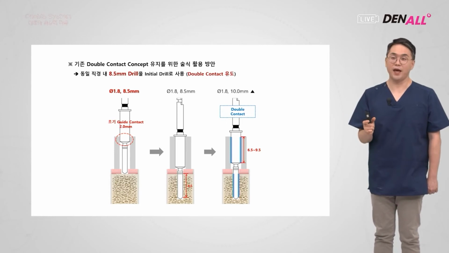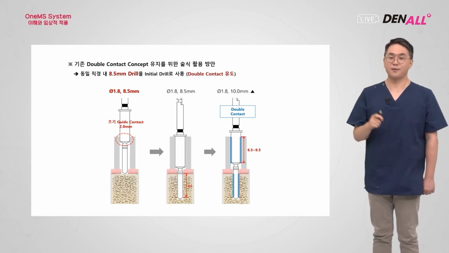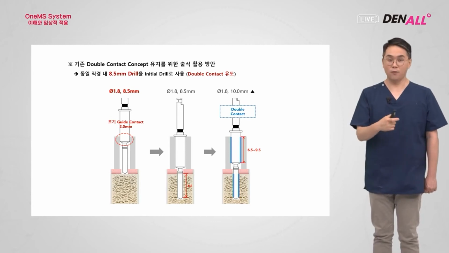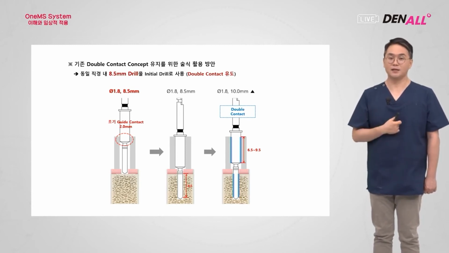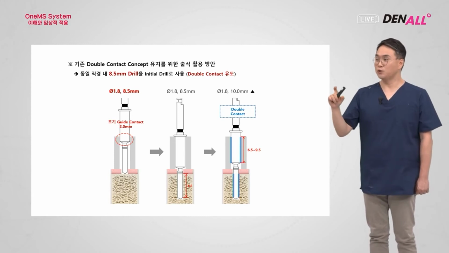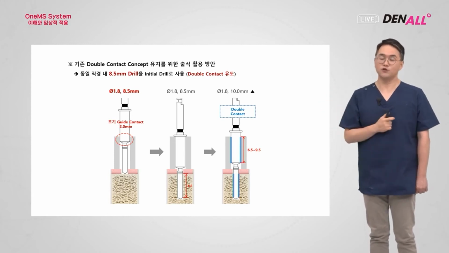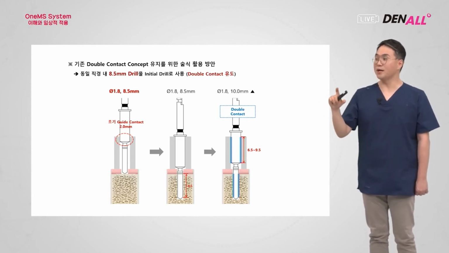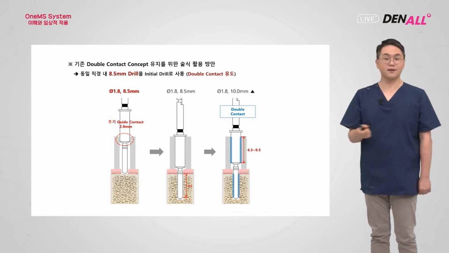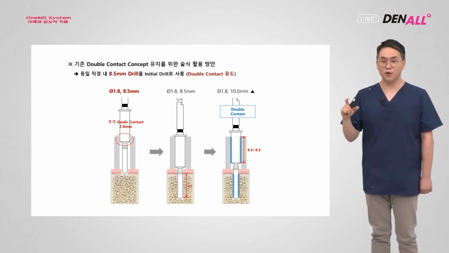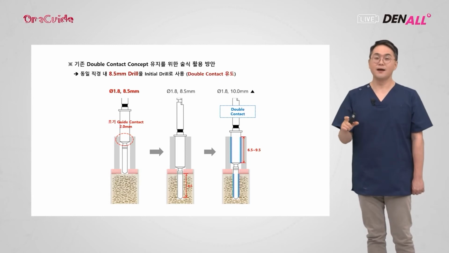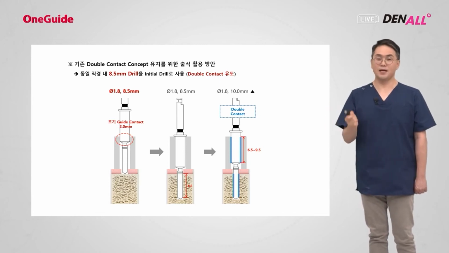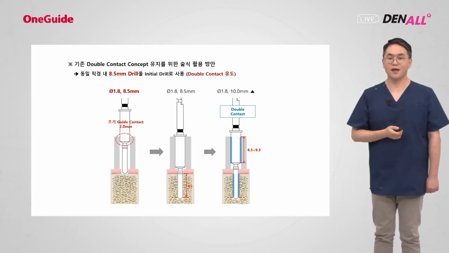And the bone quality here is good, so there could be a limit in irrigation if you use two long ones. Because of these irrigation issues, you carefully and sequentially increase the size. Guide contact would happen with 8.5, so you start with that. Then the 11.5 or 13 drill needs to be used for the double contact concept.